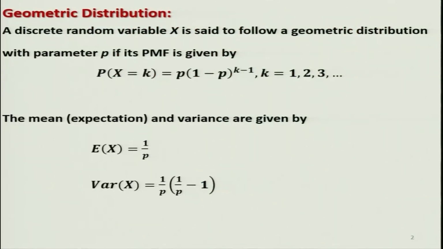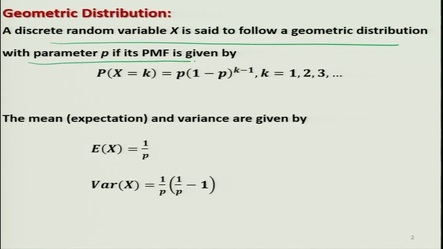Now the geometric distribution is defined as follows. A discrete random variable X is said to follow a geometric distribution with parameter p if its probability mass function is given by probability of X equal to k, please make a note here, equal to p into (1 minus p) raised to the power k minus 1, where k starts from 1. This is what we have considered in the theory, and in R you will see that k starts from 0, 1, 2, 3 and so on.